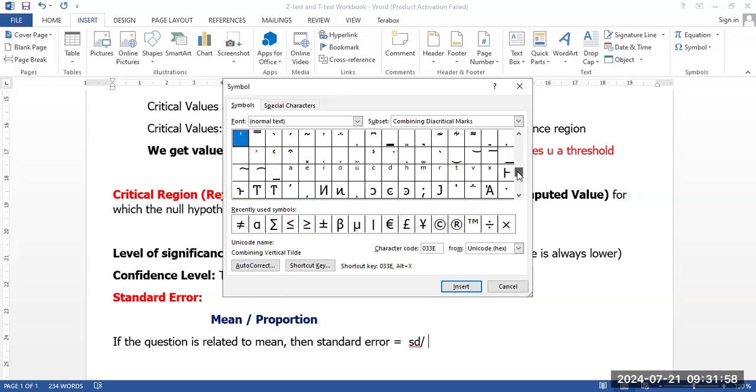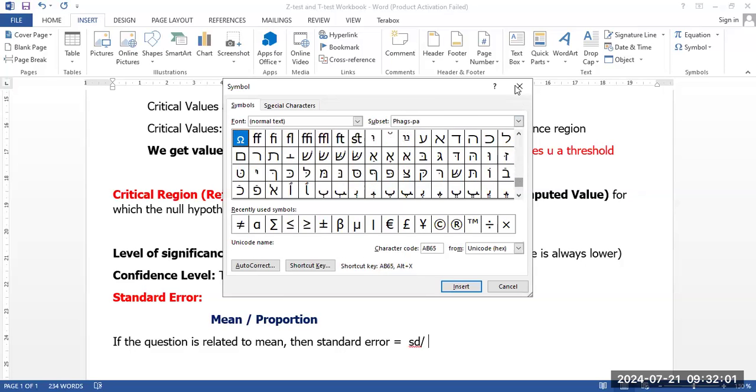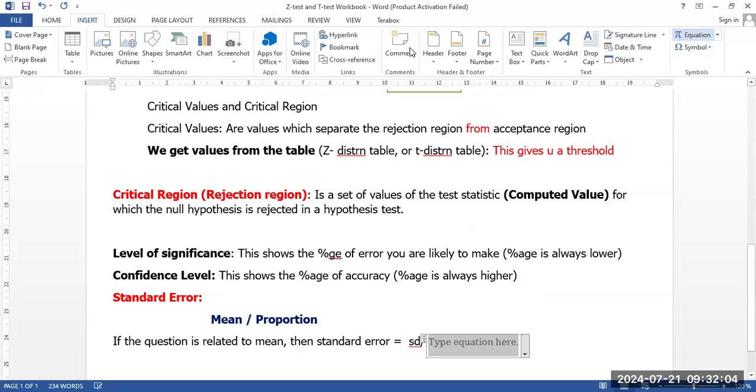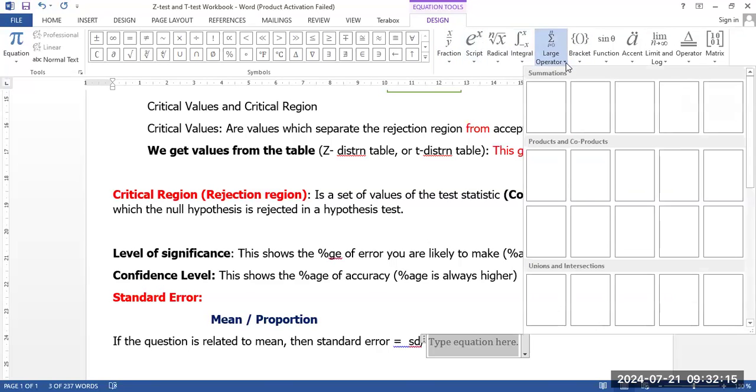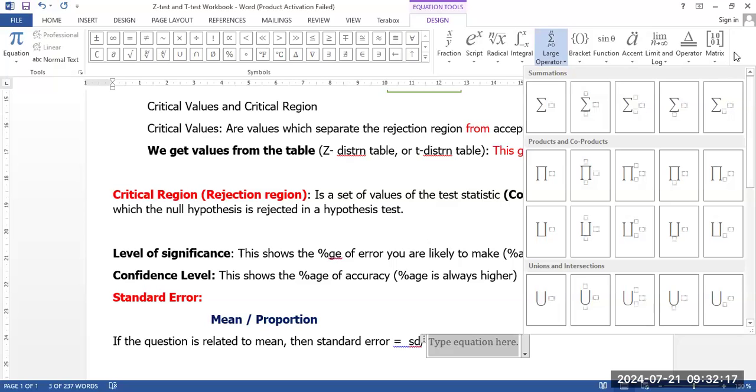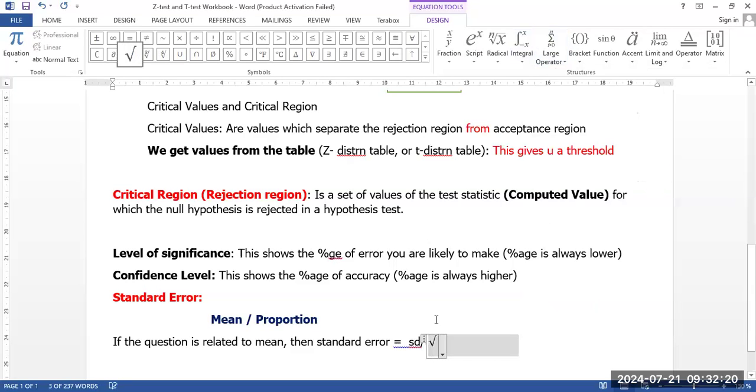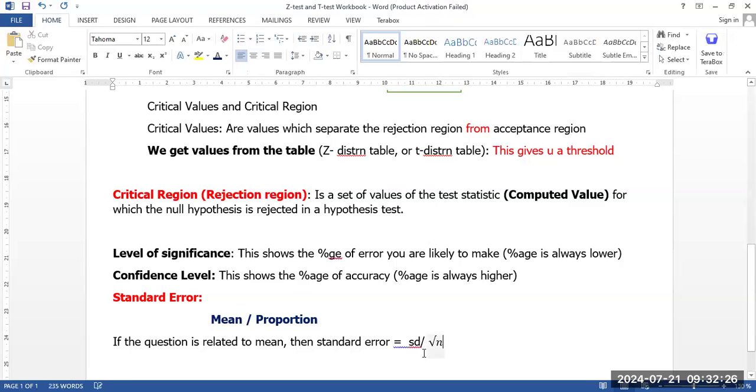We don't have a symbol here for root. So that will be your formula: standard deviation divided by root n.